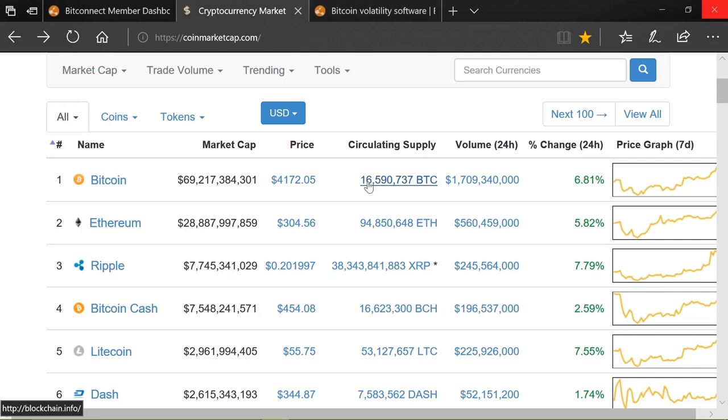So the circulating supply is the amount of coins, the amount of Bitcoins in circulation that have been generated, is 16,590,737 Bitcoins in circulation out of a total of 21 million that will ever exist.